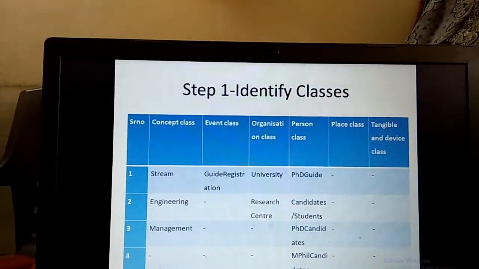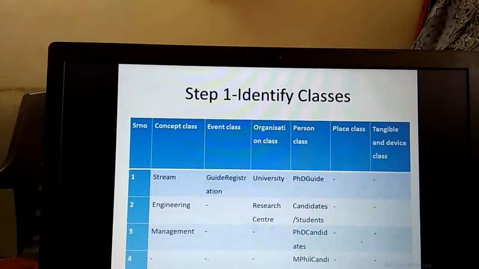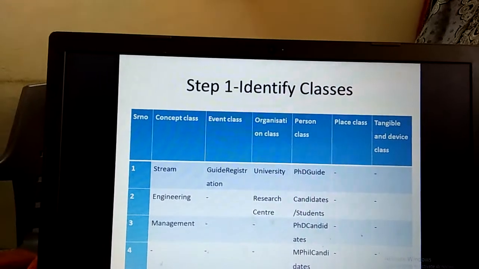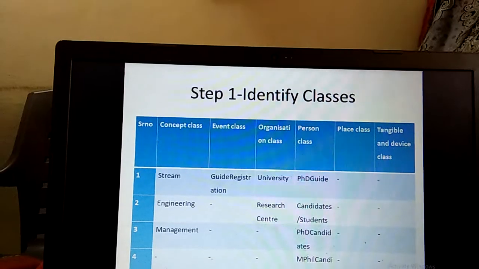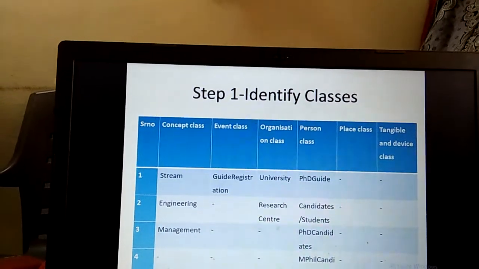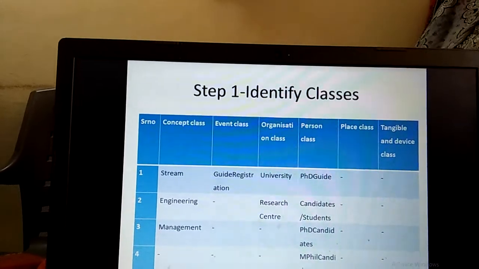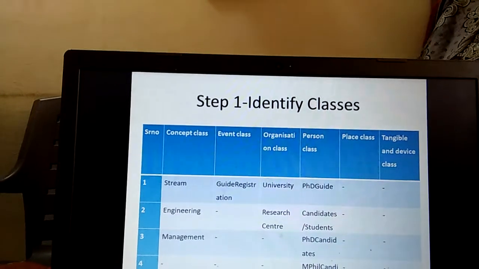The second is the event class. Any class or activity which has temporal aspects, such as date and time related to it, is called the event class. Organization class consists of three M's, which are material, manpower, and money.